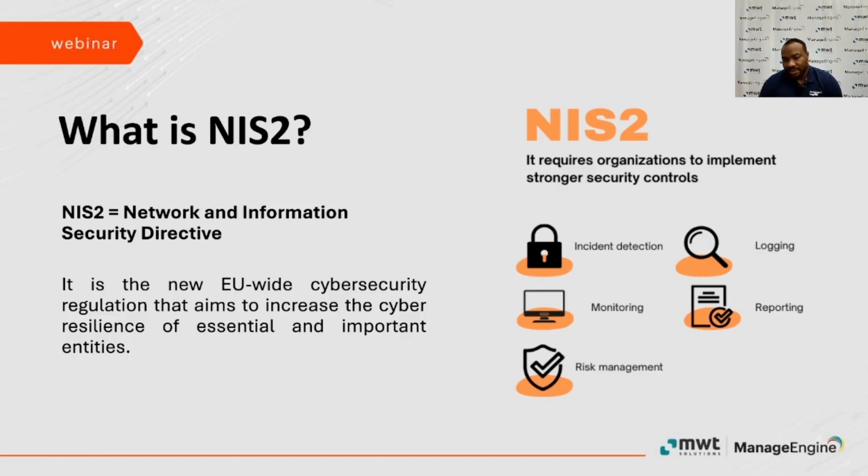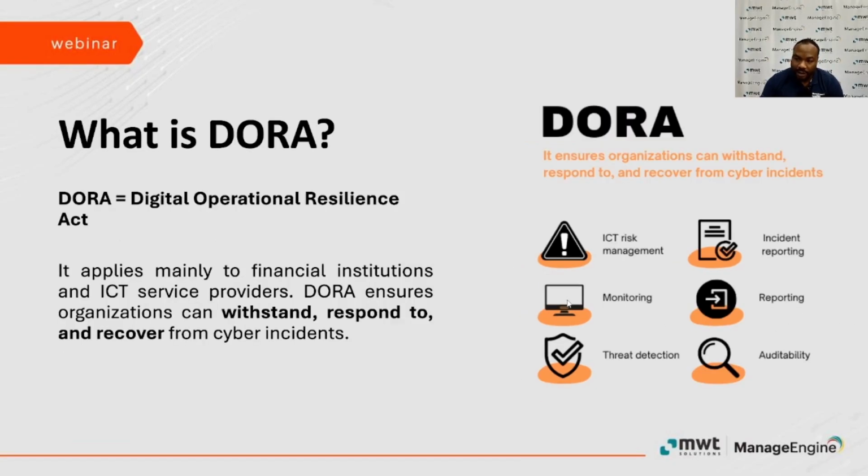my organization is a financial organization, for example. Do I need NIS2, or what do I need to secure my organization? That's where the EU also came up with what we call DORA.